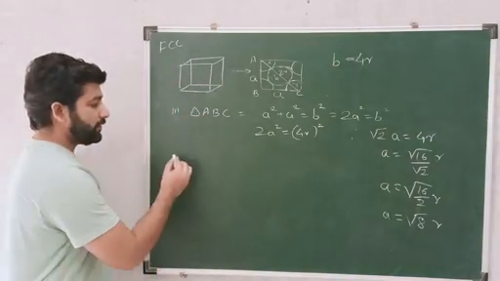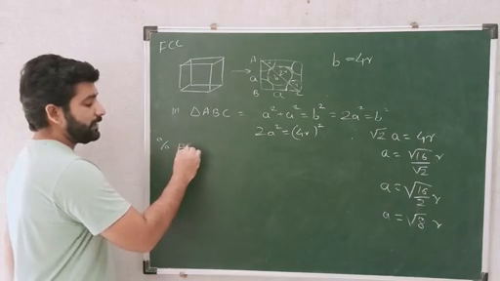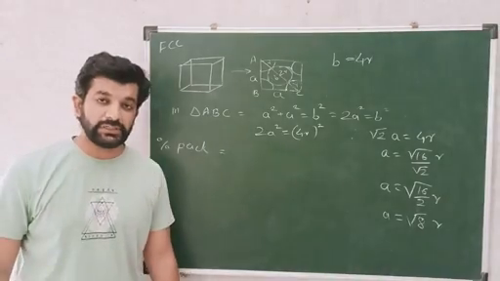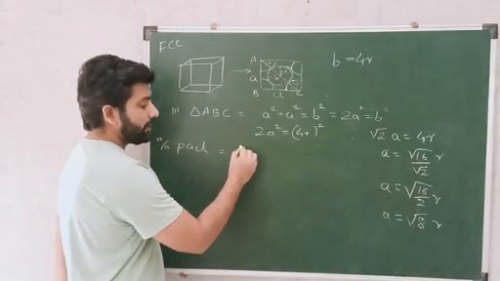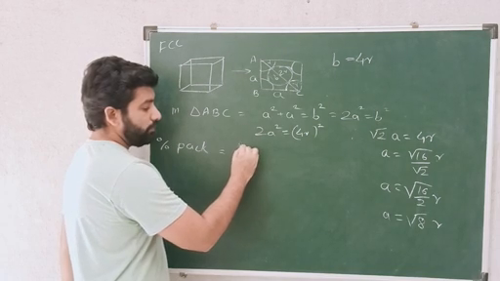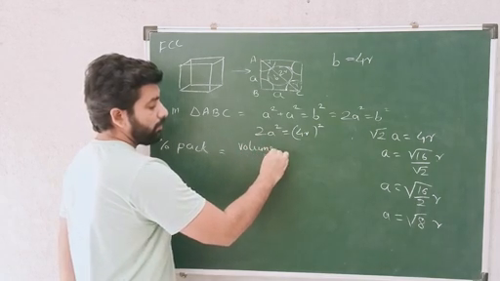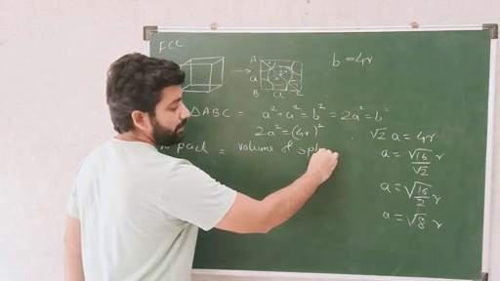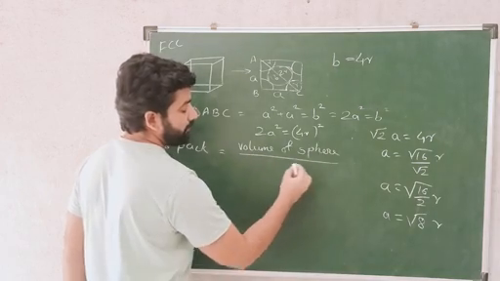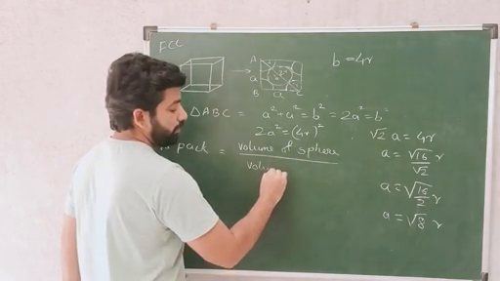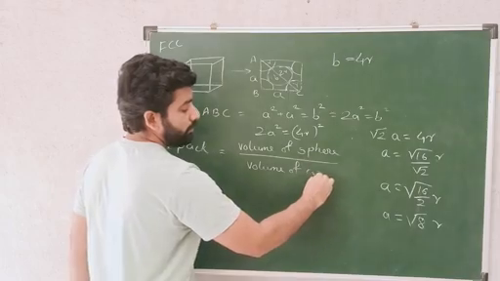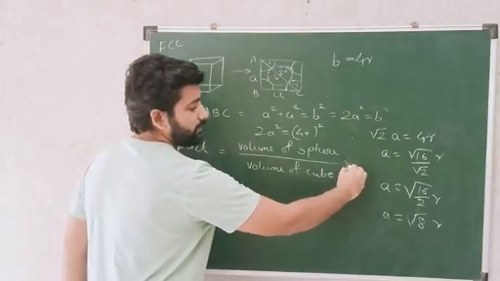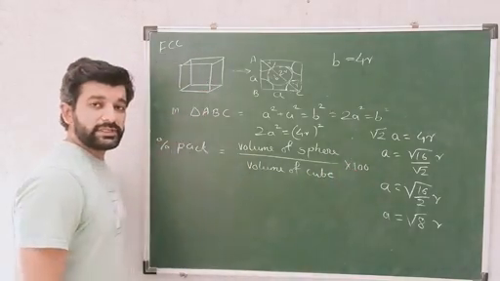Next we have to find the percentage packing efficiency. For that we know the formula: volume of spheres, that is the volume occupied by the atoms, upon volume of cube. Now we know the volume of a sphere is 4/3 pi r cube.